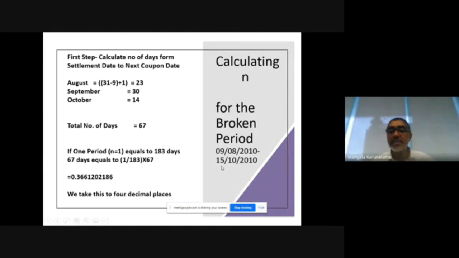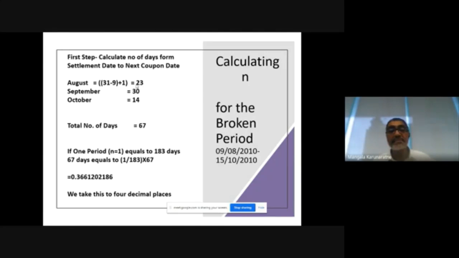We will be receiving the first coupon after this bond trade, where we assume we are the new buyer. After the settlement date, or the value date, the first coupon is on 15/10/2010, right? So it has to come all the way from the future, 67 days, and reach the present day.